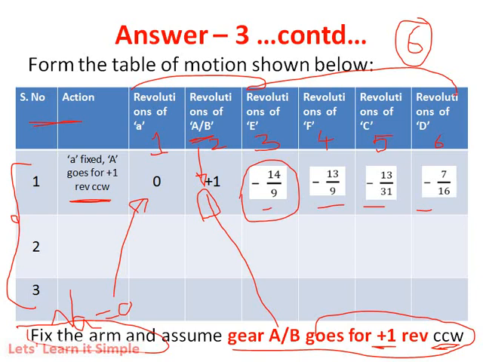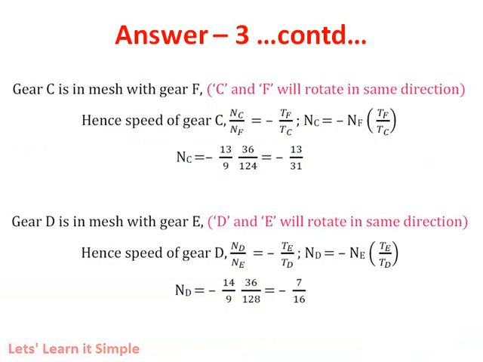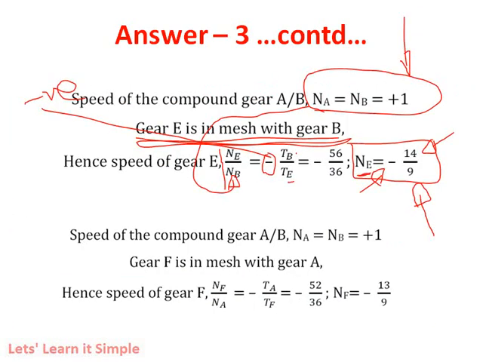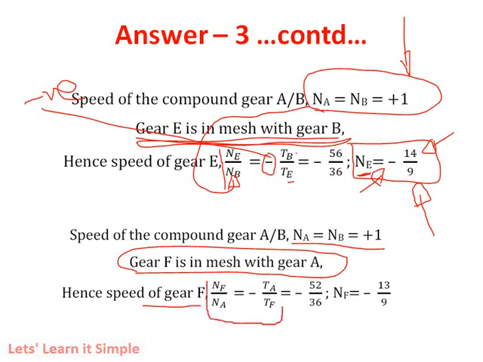Next is the first row, fourth column. Now we need to fill this one. If you look at gear F, it will be in mesh with gear A, and we know the speeds of gear A and B are unity. The speed of gear F is NF by NA, which is equal to minus TA by TF.